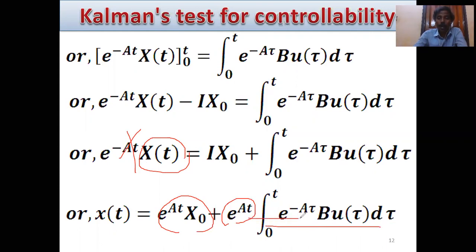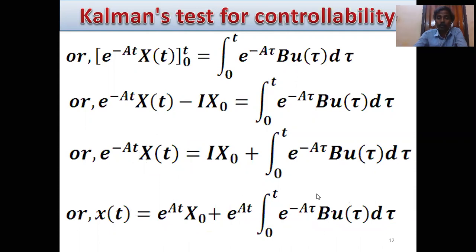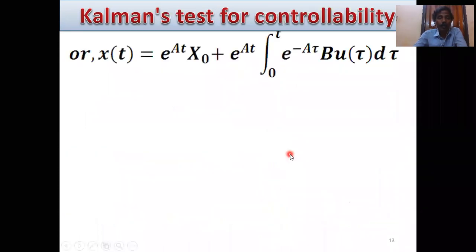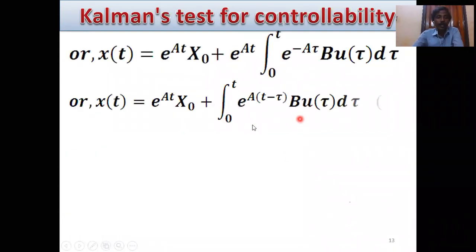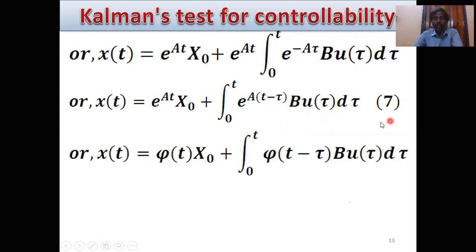So e^(at) into e^(-a tau) gives e^(a(t minus tau)). Then we get e^(at) x0 plus 0 to t e^(a(t minus tau)) b u(tau) d tau. This is the second term. Just this plus this. This is equation 7.